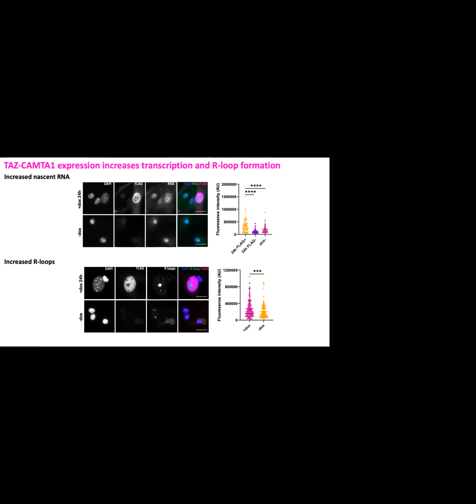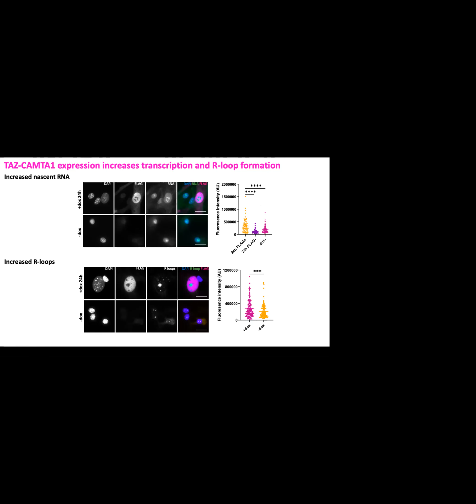And then I can use click chemistry to image that and quantify the amount of nascent RNA that's been transcribed there. So we saw that there was, again, a significant increase in the amount of nascent RNA in TAS-CAMT1 expressing cells.